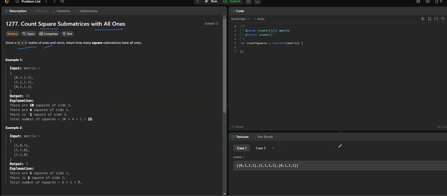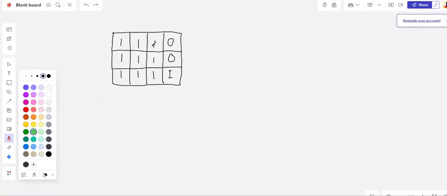So let's see how we can solve this. We have this example, and now let's start. If we solve it with loops, we need to read each number one by one. At this very first cell, do we know whether it forms a square or not? Yes, it forms a square of 1 cross 1, that we know for sure. What about 2 cross 2? We can start a for loop inside the for loop and see if this can form one.